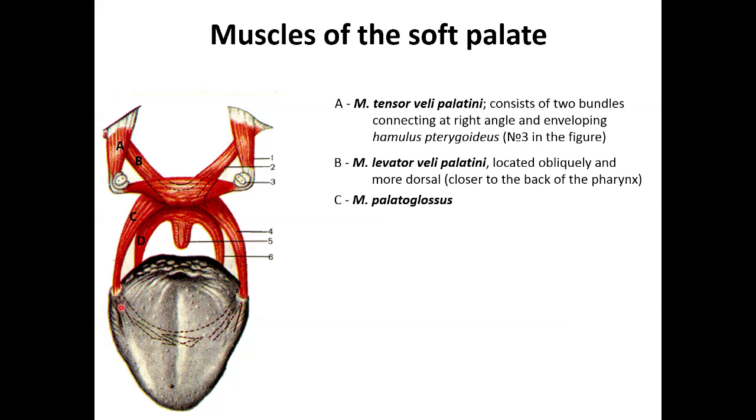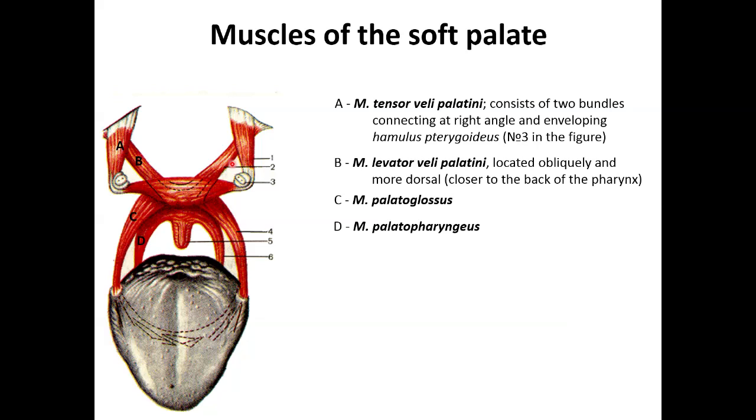Then letter D demonstrates musculus palatopharyngeus. Pharynx is the next part of the alimentary canal, which is located posteriorly to the palate, and that's why letter D demonstrates musculus palatopharyngeus.